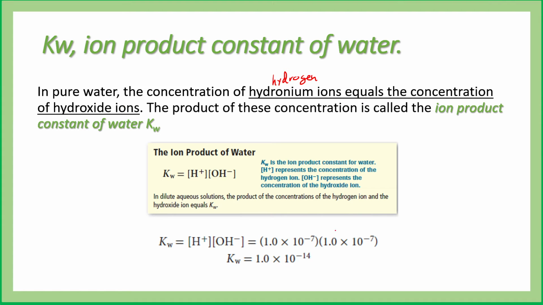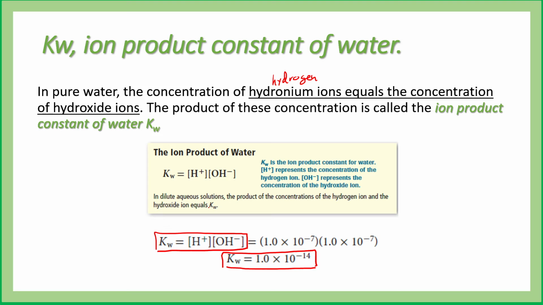They are in the same concentration, 1 times 10 to the minus 7 for hydrogen ions, 1 times 10 to the minus 7 for hydroxide ions. And if we multiply those two numbers, we get the ion product constant of water, that is equal to 1.0 times 10 to the minus 14. And it is a constant, so it will remain always the same. So I recommend you to write this formula and this value. You will use it by the end of this video in the different exercises that we will do.